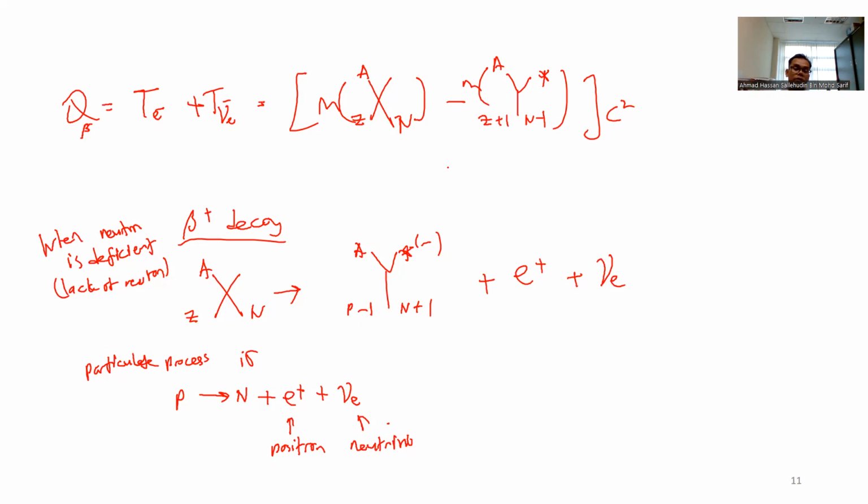Now P is reduced to 1. So the result is that the atom has an excessive electron. I forgot just now, you should indicate the negative sign. So it is negatively charged.